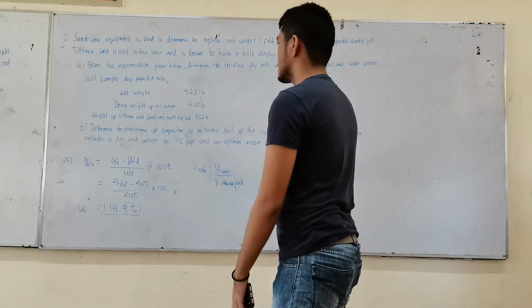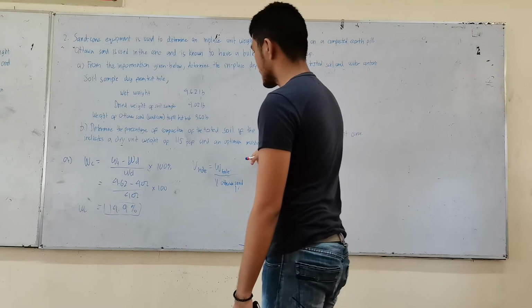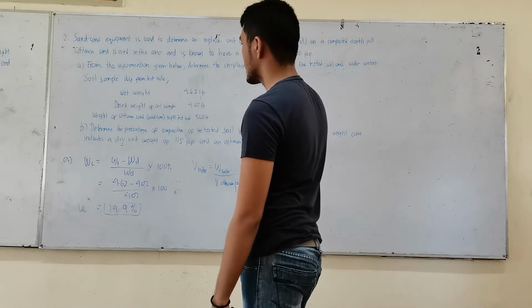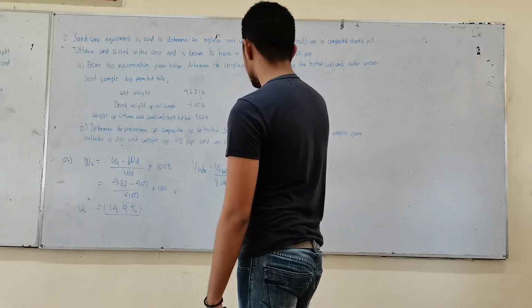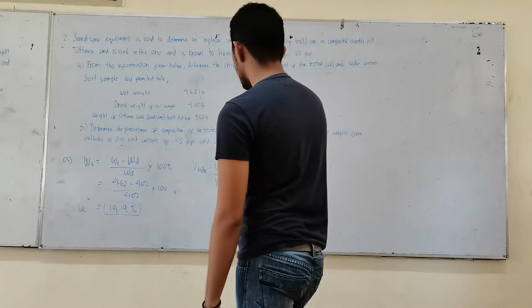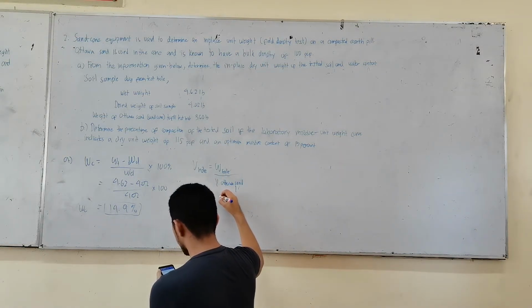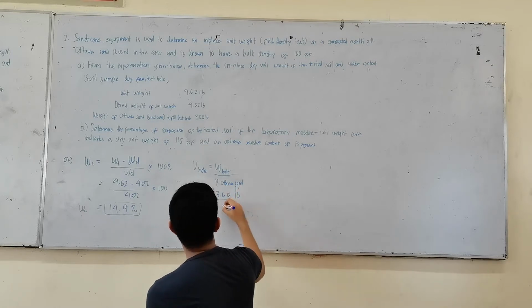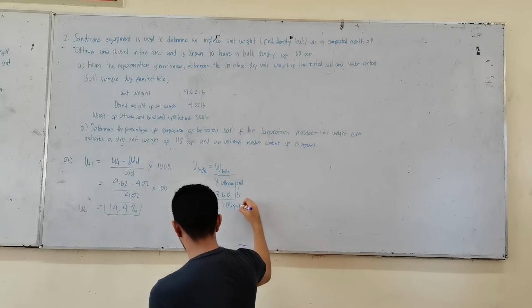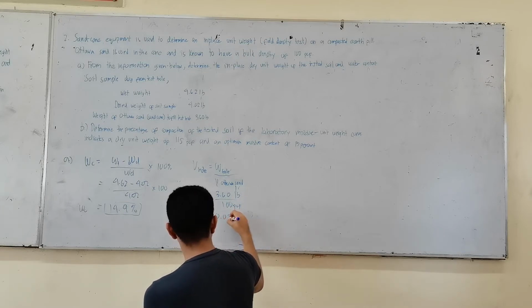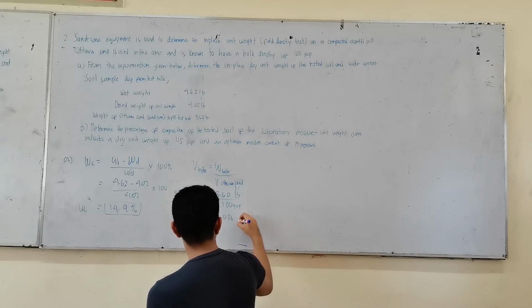We have this formula, which is the volume of the hole is equal to the weight of the Ottawa sand over the bulk density of the Ottawa sand. Solving, we will have 3.6 pounds over 100 PCF, and this will give a value of 0.036 cubic feet.